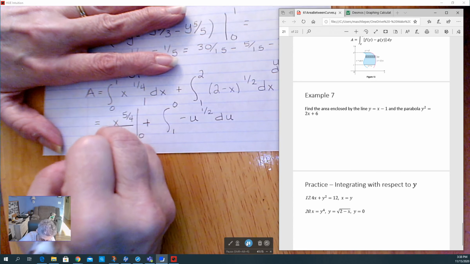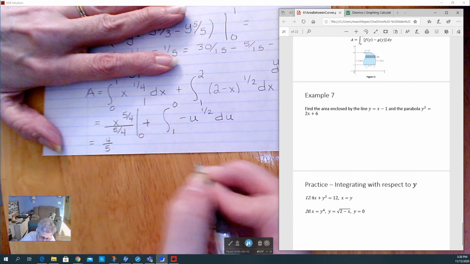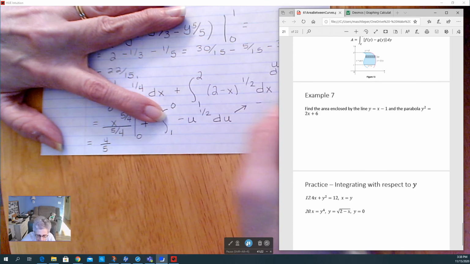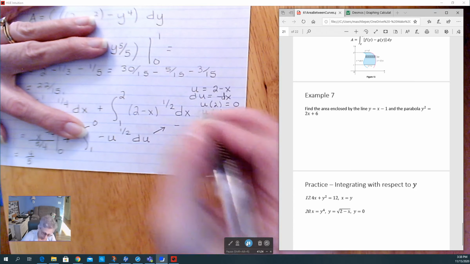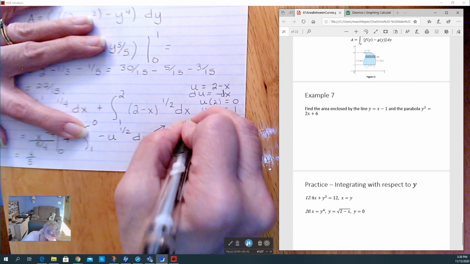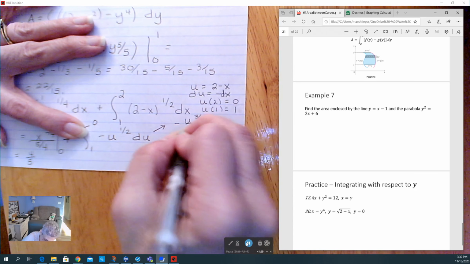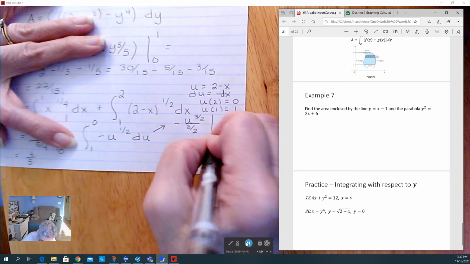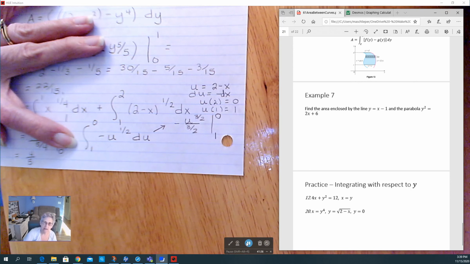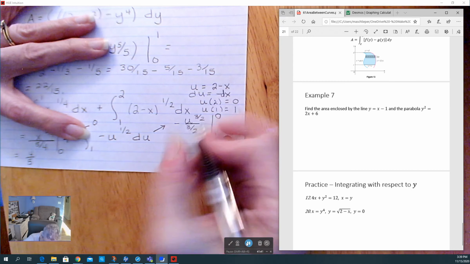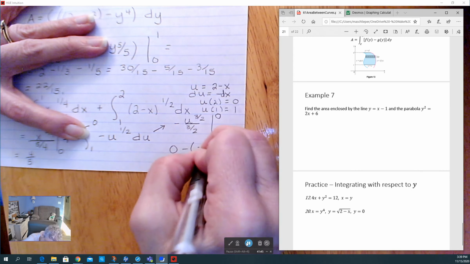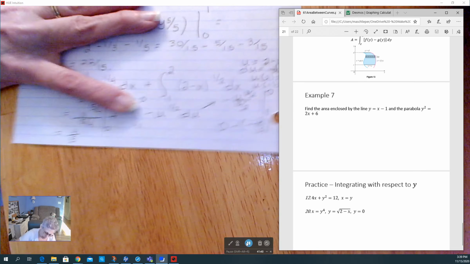So that's just going to be 4/5. This is going to be add 1 to the exponent, divide by the new exponent. So u to the 3/2 over 3/2 evaluated from 1 to 0. So I have to plug 0 in first, but it's negative. So it's going to be 0 minus negative 2/3.